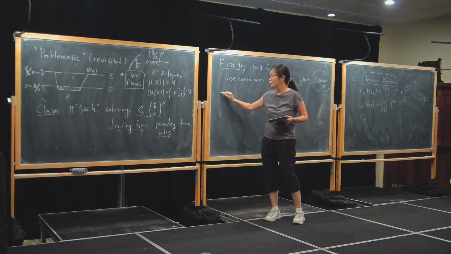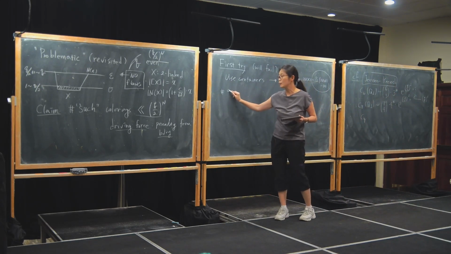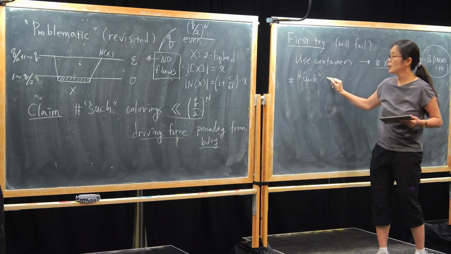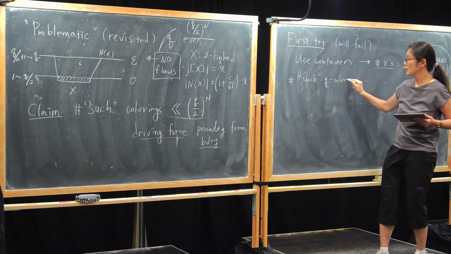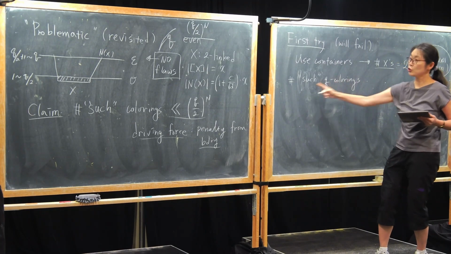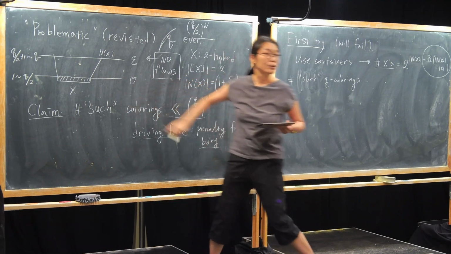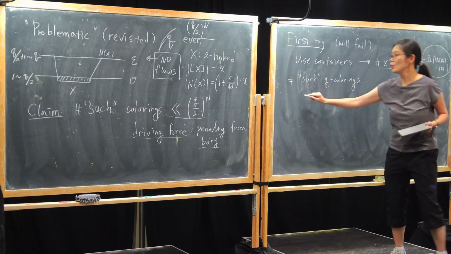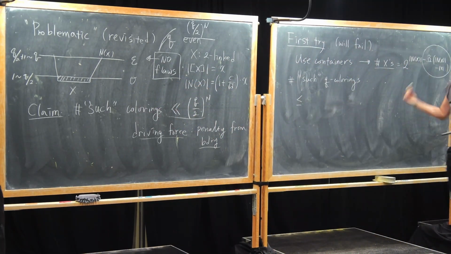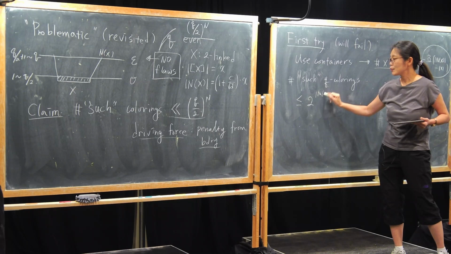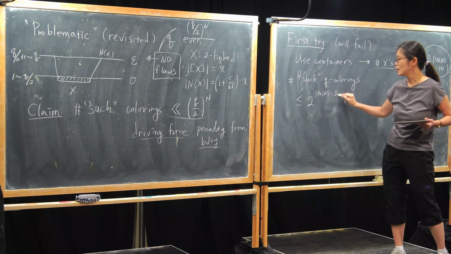So using this, we can give an upper bound on the number of such q colorings, where such means the q colorings that look like this. This is at most, first we specify the flaws, and that gives us this number. So this is 2 to the neighborhood of x minus some term.